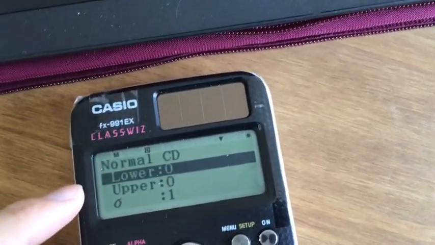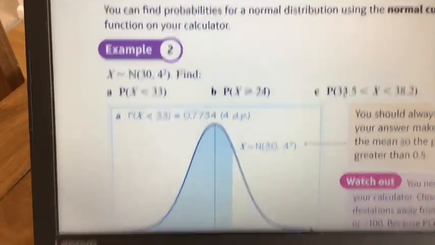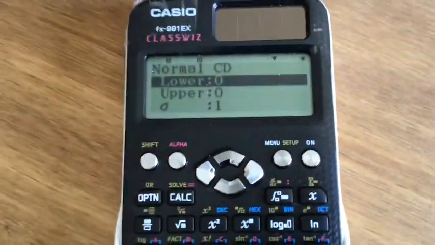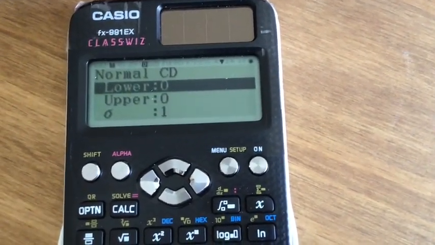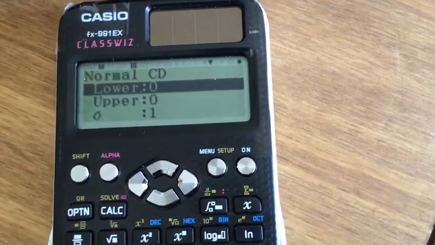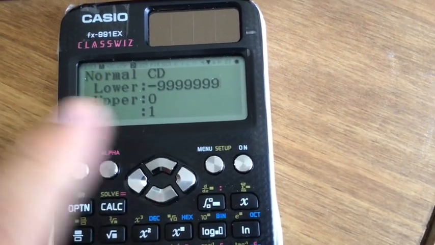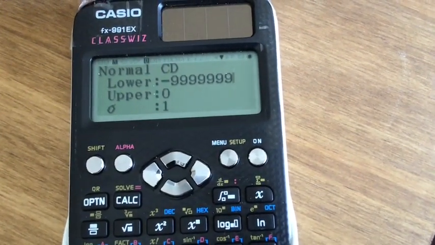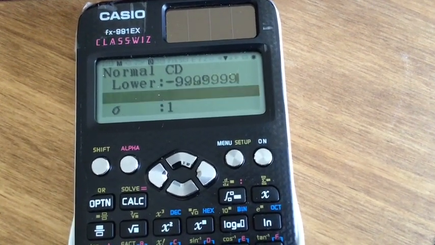Then we want the lower and upper bounds, so we wanted less than 33. Now, whenever it says less than 33, I just say, well, I want everything less than 33, so all the way down to negative infinity. So I just write minus a load of 9s, because that's as close as I can do to putting in minus infinity.